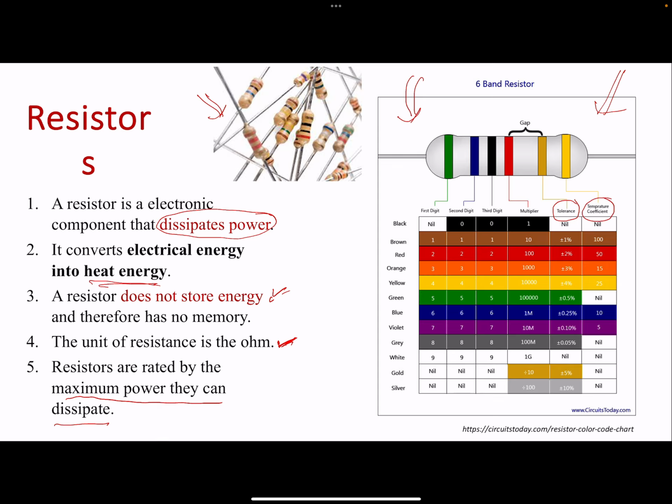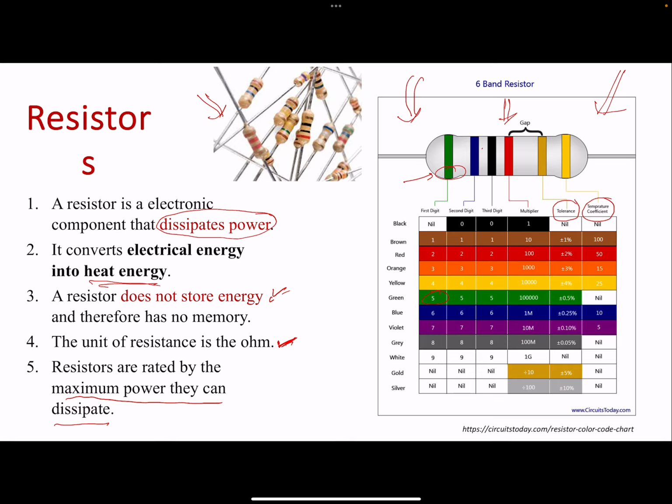So you can use this chart to find the total value of the resistance, the tolerance, and the temperature coefficients of these resistors. In this specific case, all of these colored bands represent certain things. The first color band is green, which comes out to be 5.